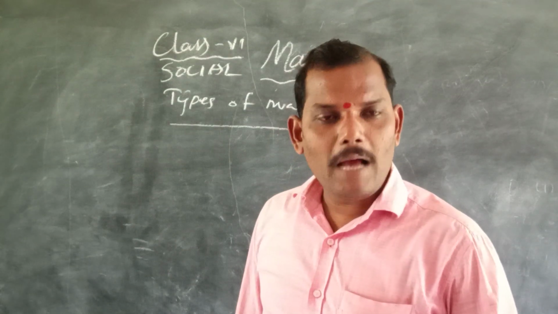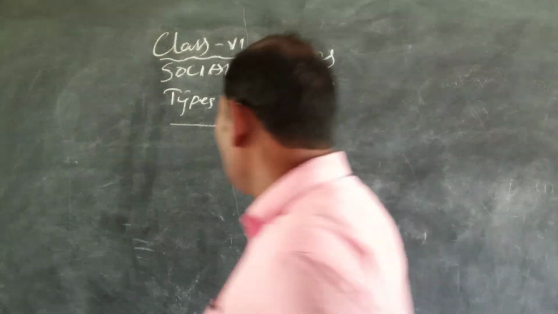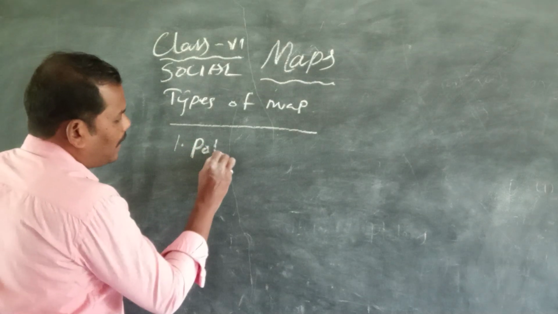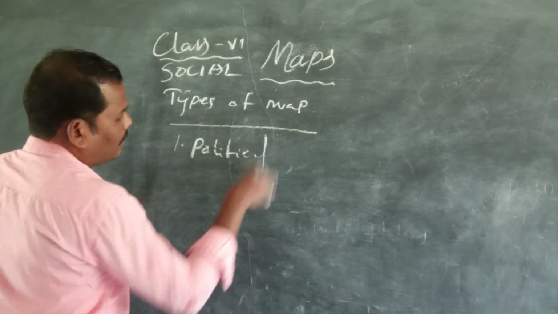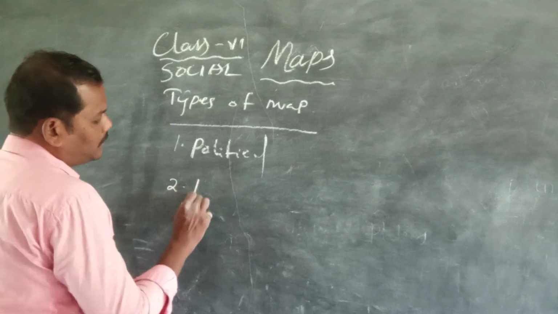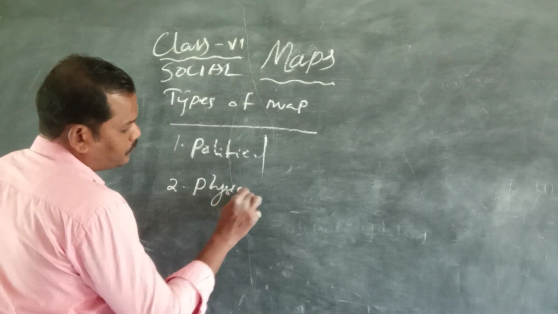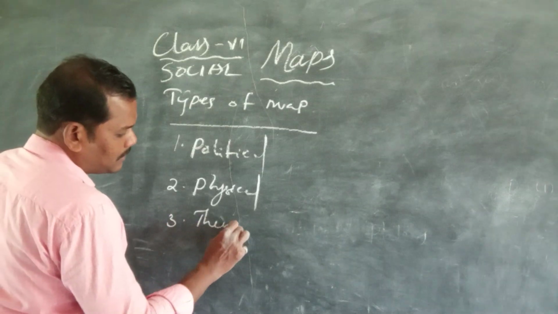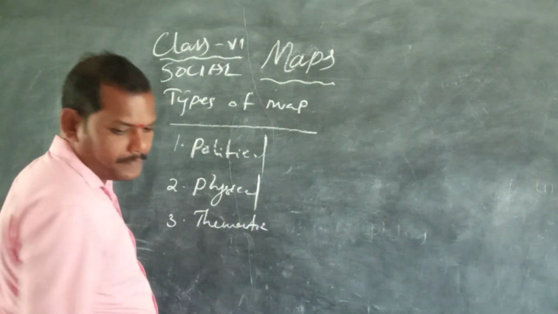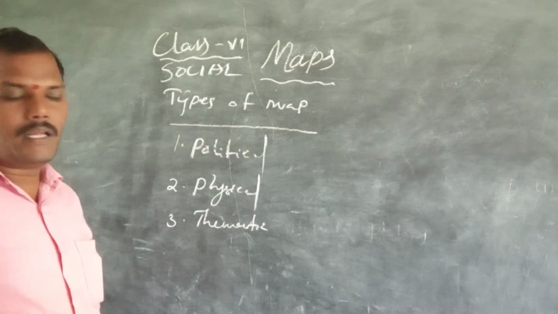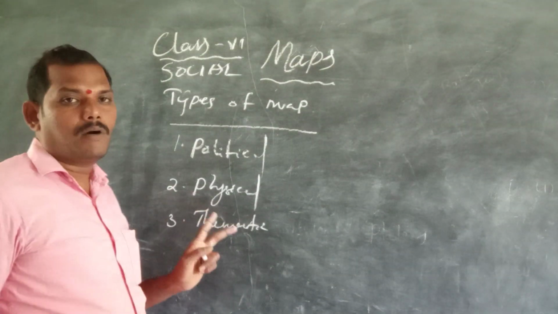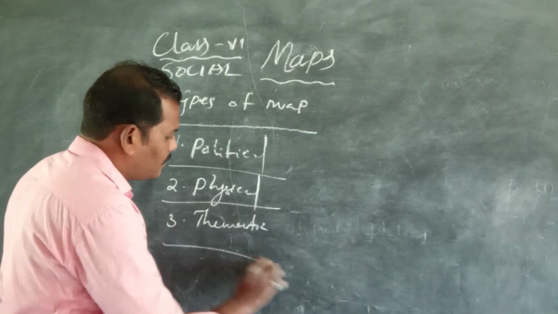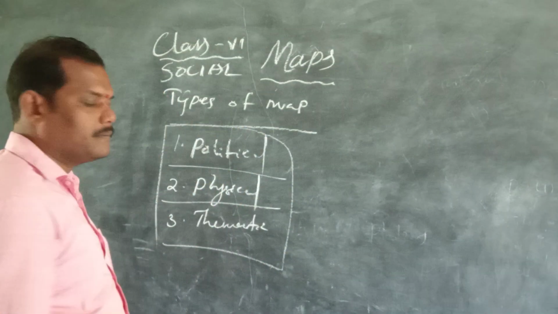How many types of maps do we have to use? Mainly political map. Second one, physical map. Third one, thematic map. Political map, physical map, thematic maps.